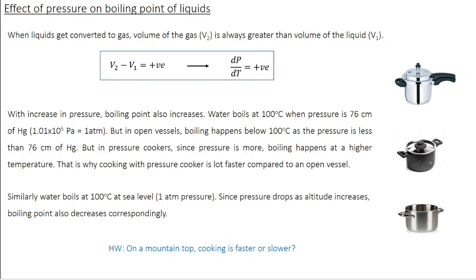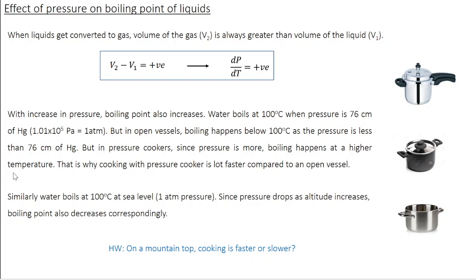On the other hand, if you use a pressure cooker, inside the pressure cooker the pressure is very high, which means according to the Clausius-Clapeyron equation, the boiling point of the water increases. The boiling happens at a higher temperature, typically around 110 or 120 degrees Celsius. So in the case of a pressure cooker, cooking happens at a much higher temperature compared to an open vessel.